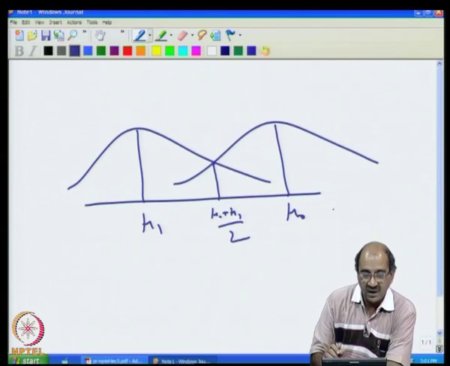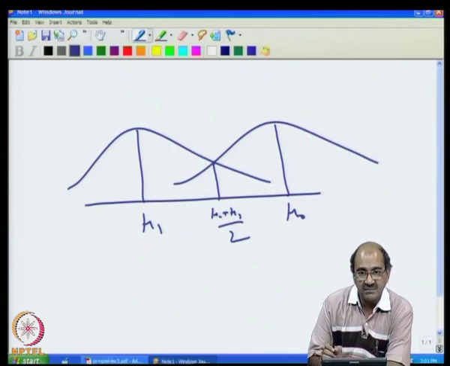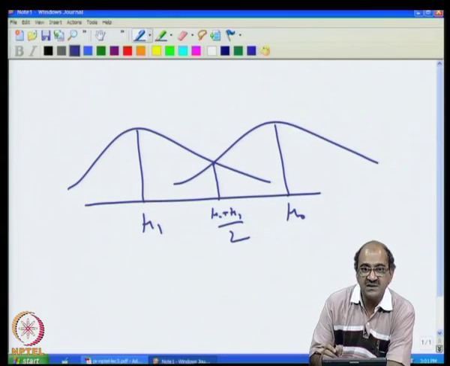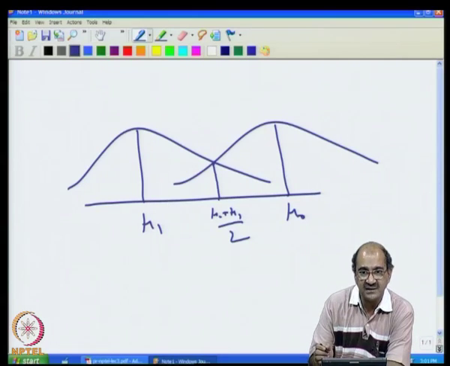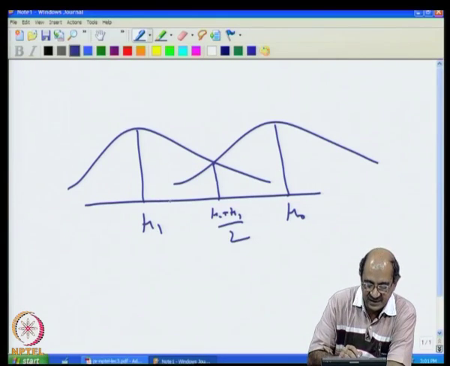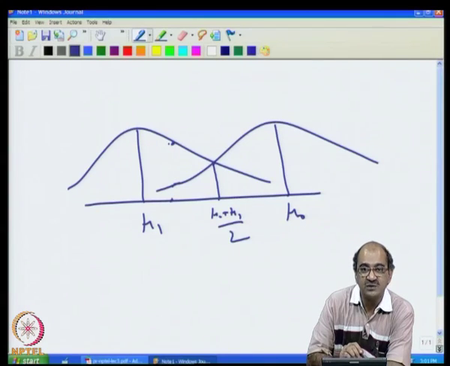Now, what is the Bayes classifier? Because the priors are the same and the 0 1 loss function, all it means is whichever class conditional density is higher at any given x. So, if I am at this x, f0(x) has this much value, f1(x) has this much value. So, because f1 is more than f0, I will put this in class 1.